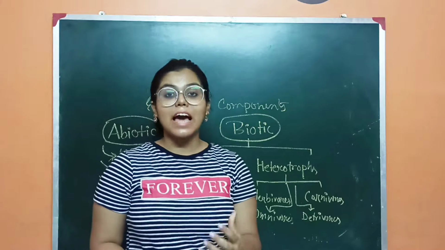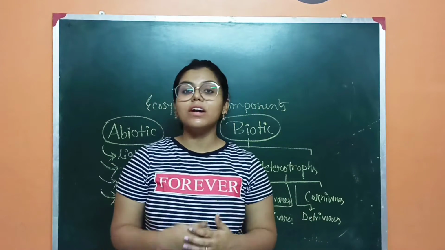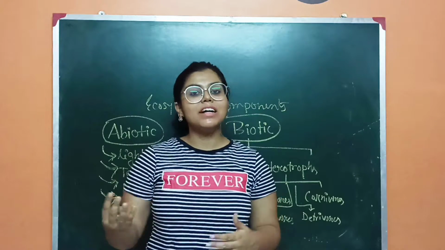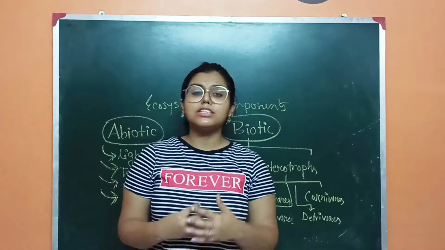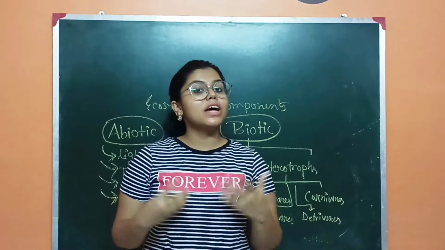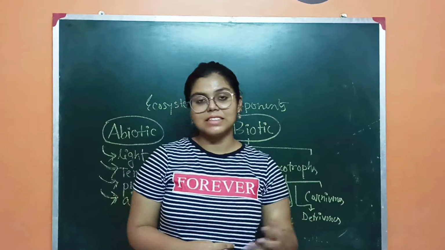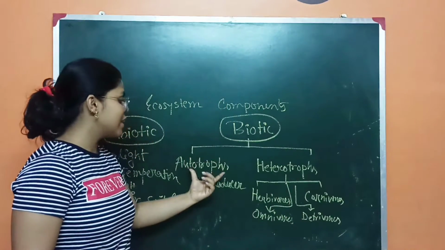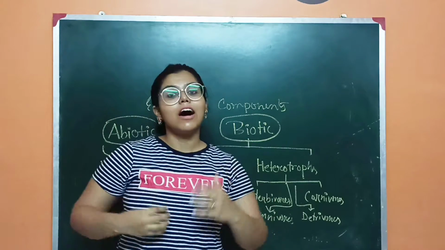That means they can produce organic nutrients, like our plants. Yes, plants are our friend. Why? Because they provide us many things and one of them is food. Without food we can't live. So the autotrophs are the plants. They are the producers on the earth.